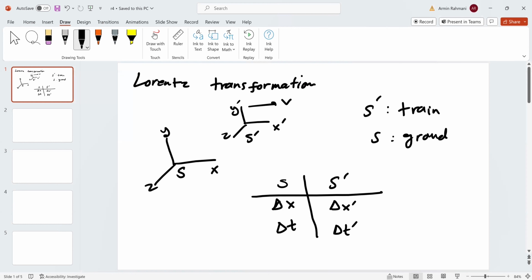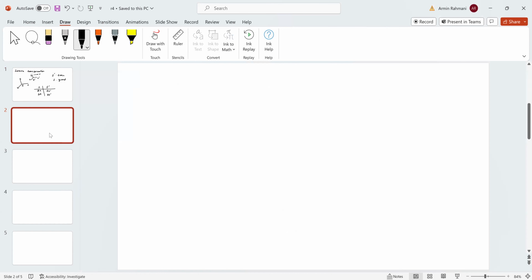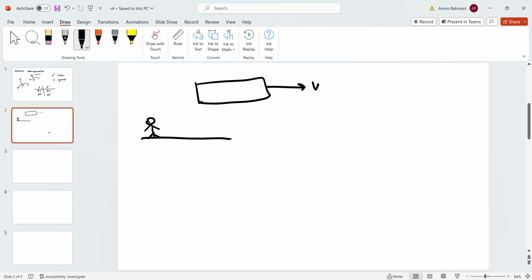So let's start with a setup. Let's go back to the picture of having someone standing on the ground here, a person, and there's a train here moving with velocity v. So we want to consider two different events. So let's go to the example of paint bombs.